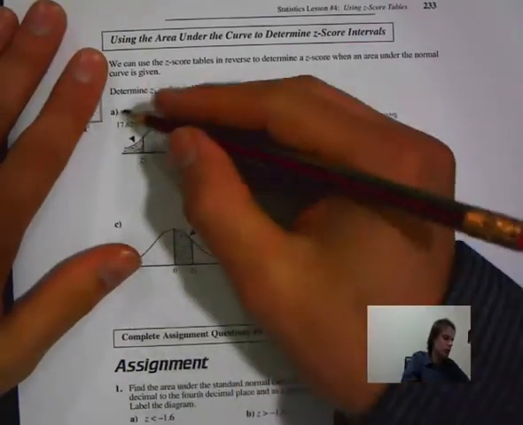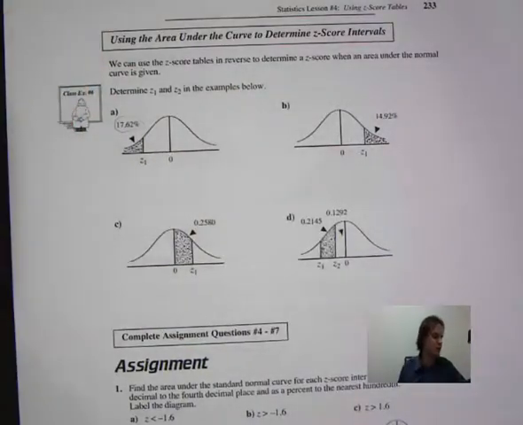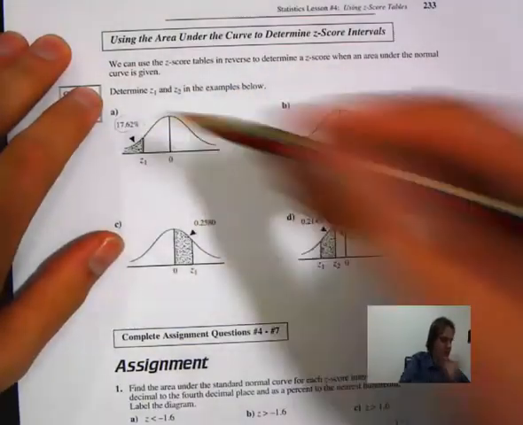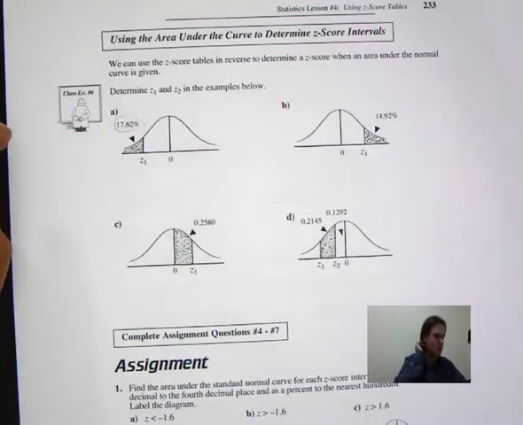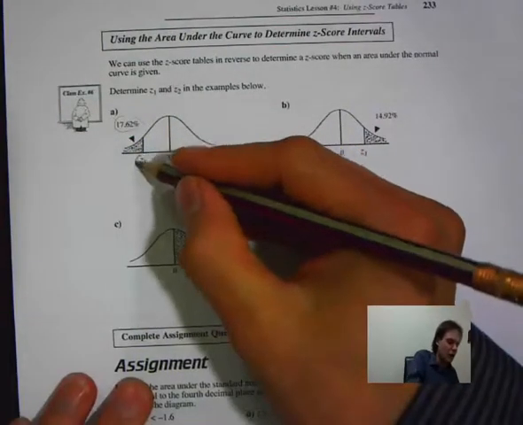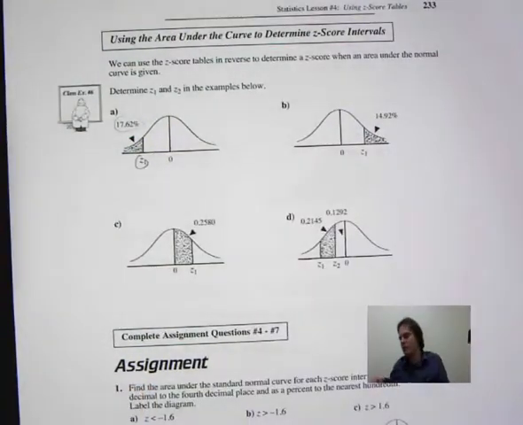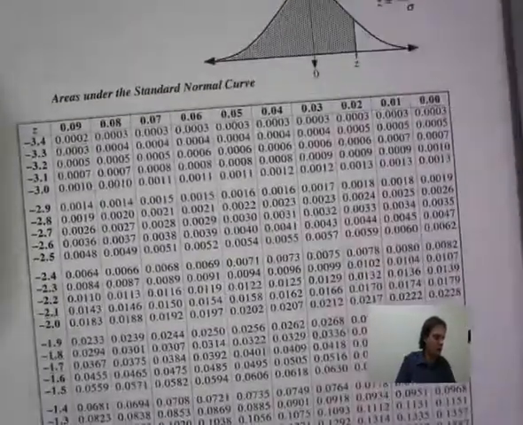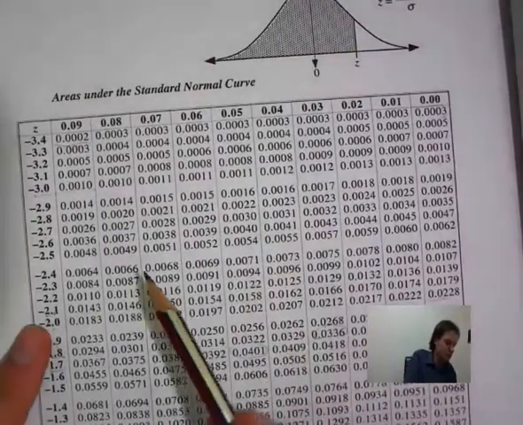So here we're looking at 17.62%. So we want 17.62%. I know it's on this side, so it's a negative. I'm going to look at my table, and I'm going to find a negative that is 17.62%.